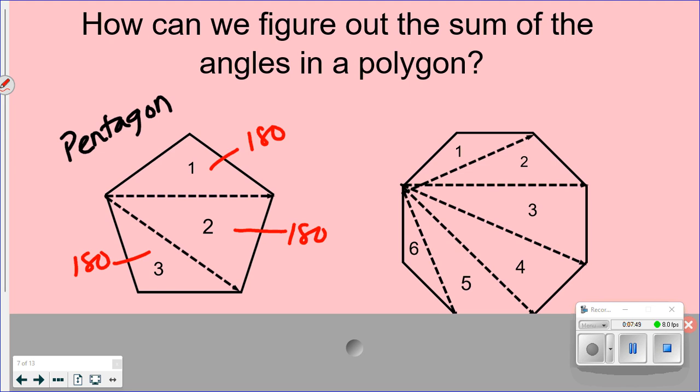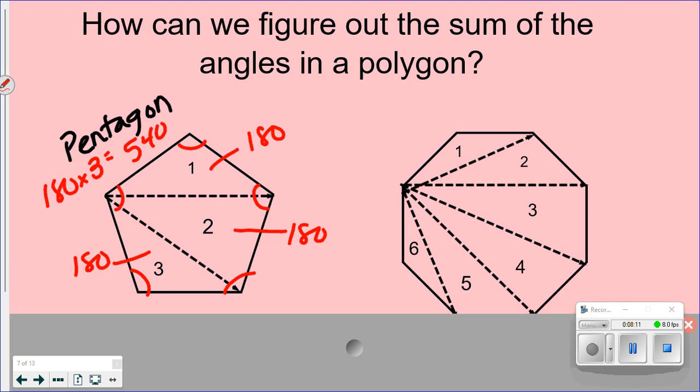So we're going back to what we know with our triangles, and we take 180 times 3 because there are 3 triangles. I get 540 degrees. So all these angles together, this plus this plus this plus this plus this, is 540 degrees.